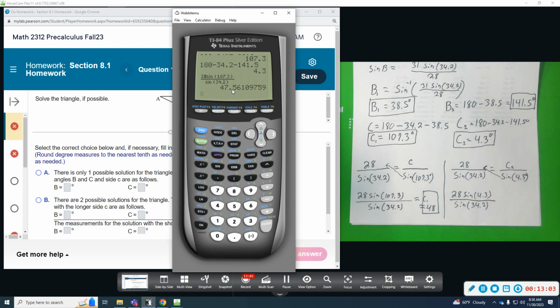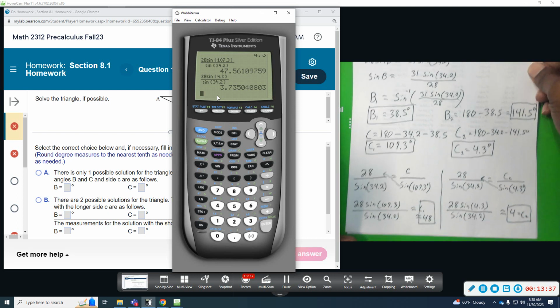Okay. So I'm just going to recall this last answer. I'm going to do second enter. Enter will bring up the last. So everything is the same except for the argument. So I'm going to go up here and change the argument. I'm going to type 4.3, and then just hit delete on the other two. And we get roughly 4 when we round to the nearest integer. So that side is going to be roughly 4 for C2.